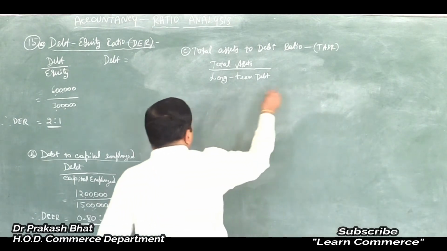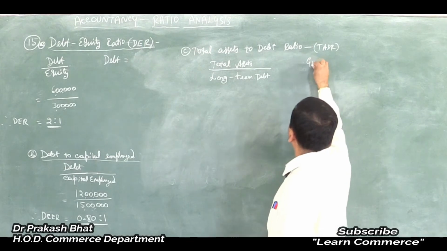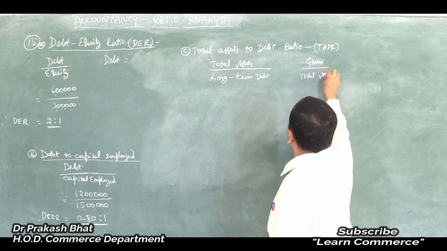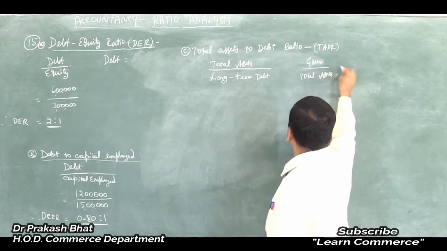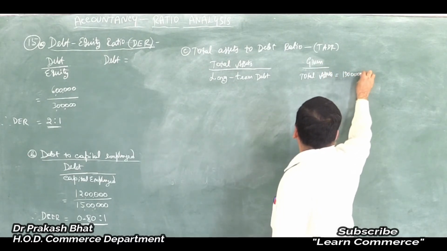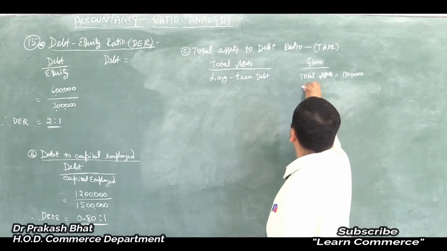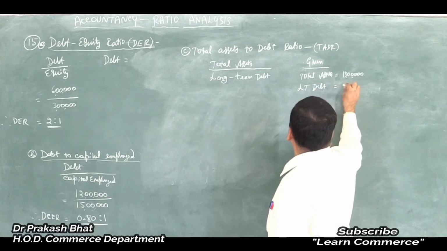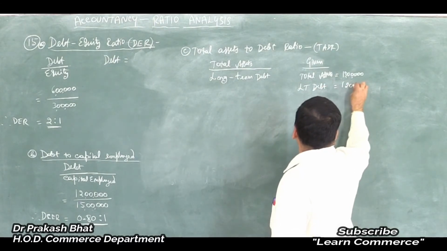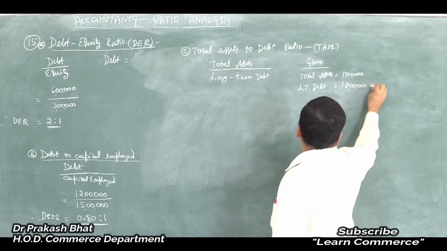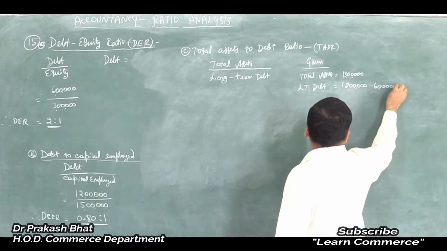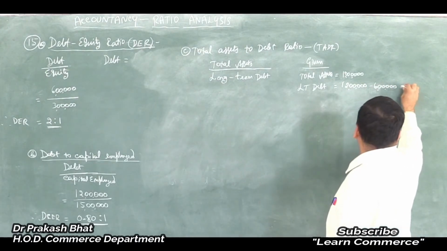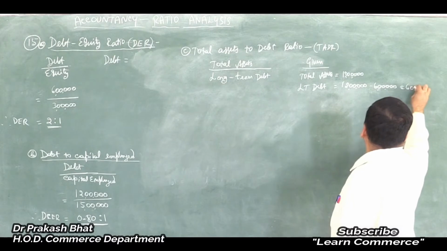So substitute here. Given total assets, how much? Total assets 15 lakh, is that correct? Yes. Then long term debt is equal to 12 lakh minus short term debt, that is current liabilities, 6 lakh, so you will have 6 lakh.